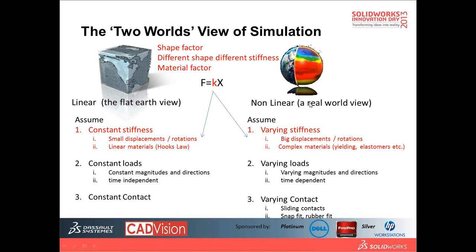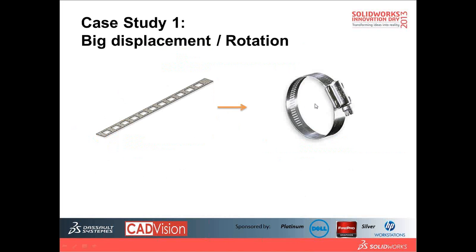Two major factors. Okay, so let's have a look. In the case of big displacement, what is the difference between linear and nonlinear analysis, and why does that difference exist? Okay, so here we go.